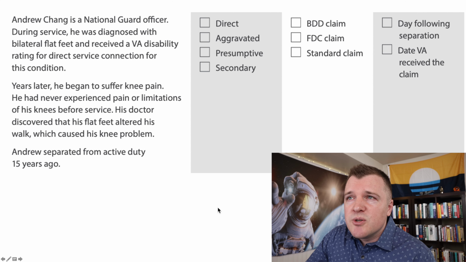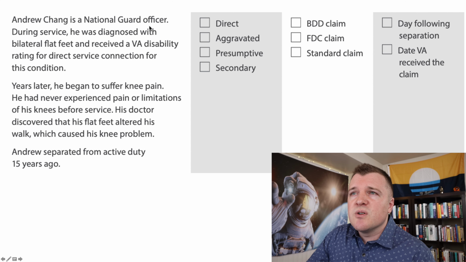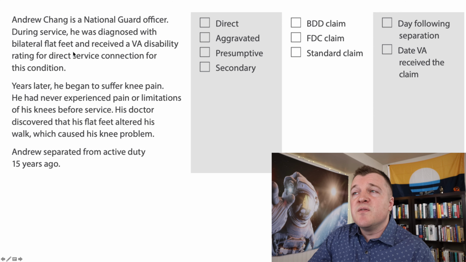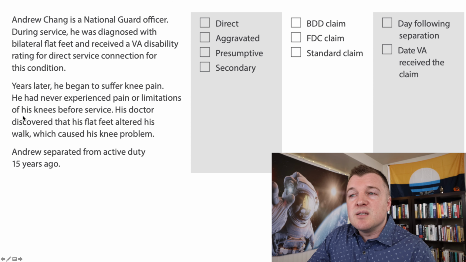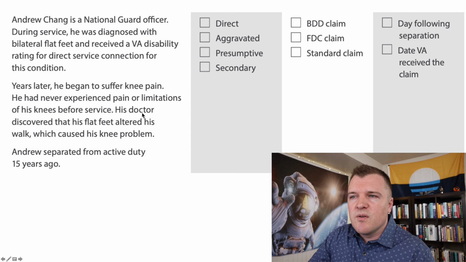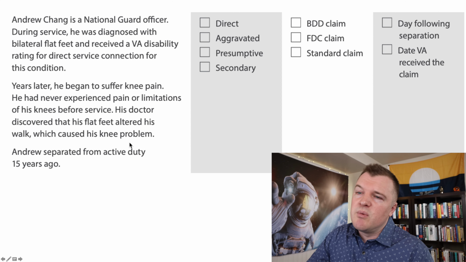Last example, Andrew Chang is a National Guard officer. During service, he was diagnosed with bilateral flat feet and received a VA disability rating for direct service connection for this condition. Years later, he began to suffer knee pain. He had never experienced pain or limitations on his knees before serving. His doctor discovered that his flat feet altered his walk, which caused his knee problem.